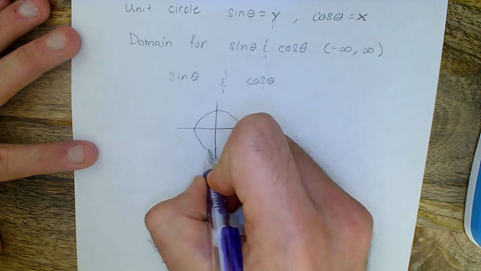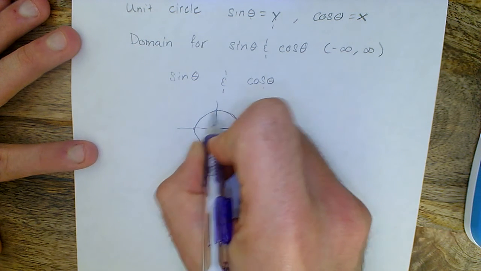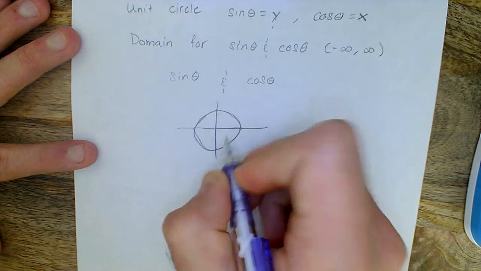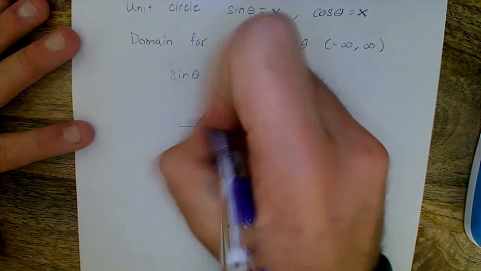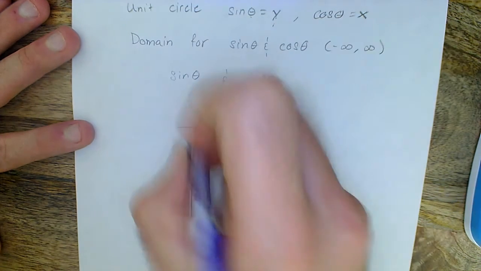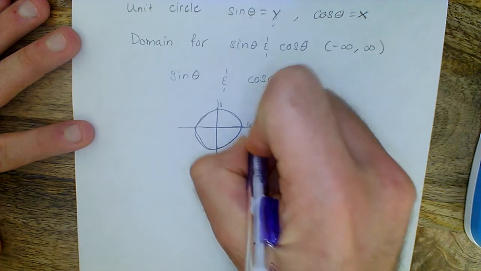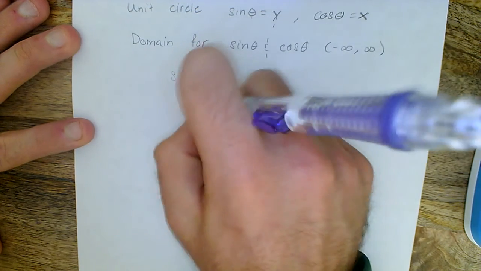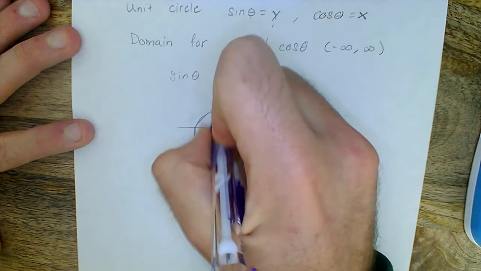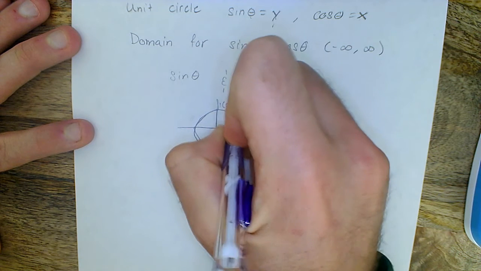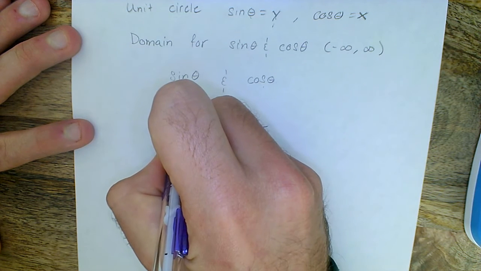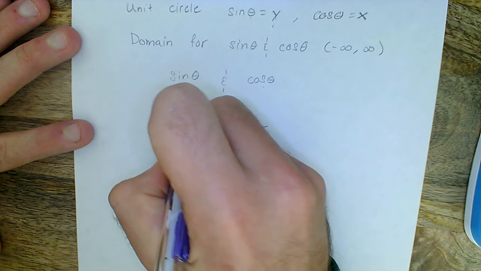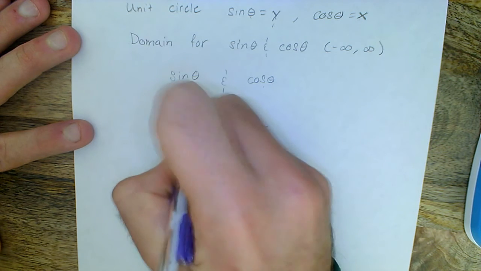If the sine of theta and the cosine of theta are the x and y values on the unit circle, then our sine and cosine values can never be bigger than 1 and can never be smaller than negative 1.